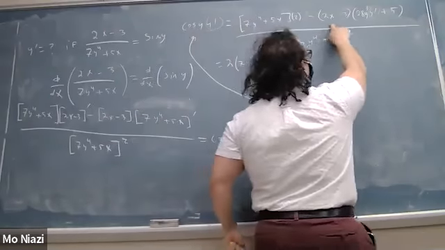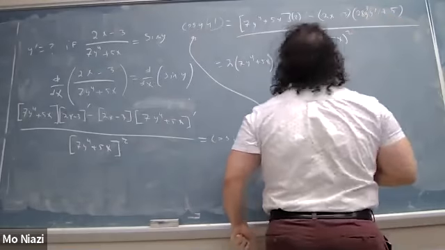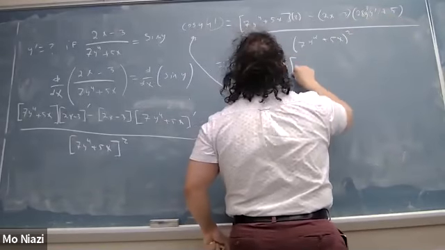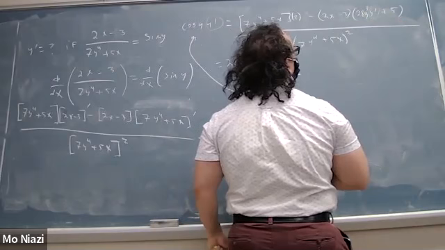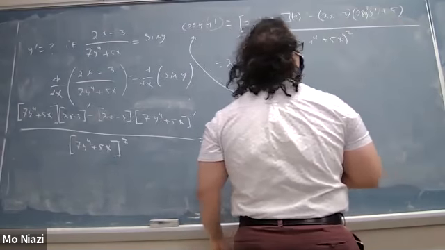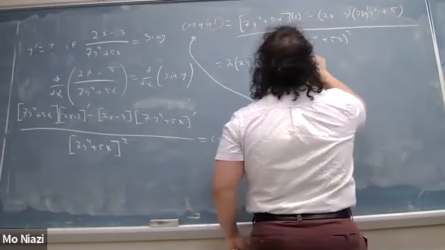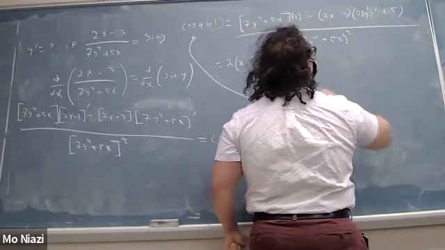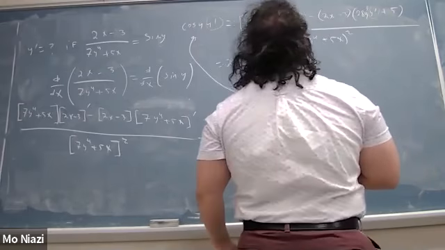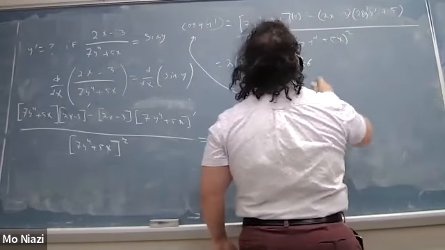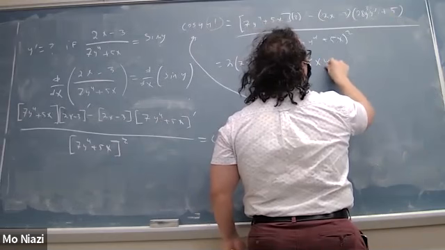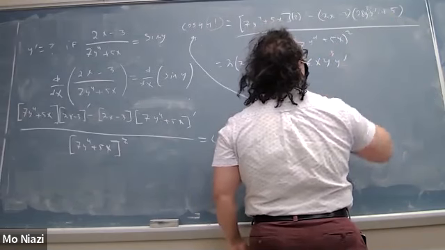But now we have to FOIL these two. Okay? So minus, let's FOIL. 2x times 28y cubed y prime becomes what? What happens when you double 28? When you double it, it's 56x y cubed y prime.